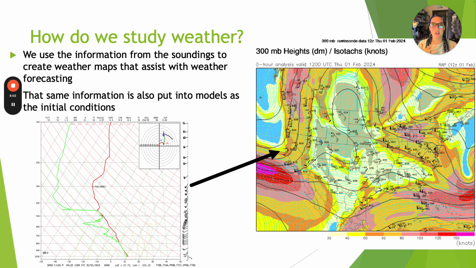And what the atmosphere looks like tells us a lot about whether that's happening right now in a certain area or whether that could be happening in the future for another area as these patterns progress into the future. It's a pretty cool thing, I think.